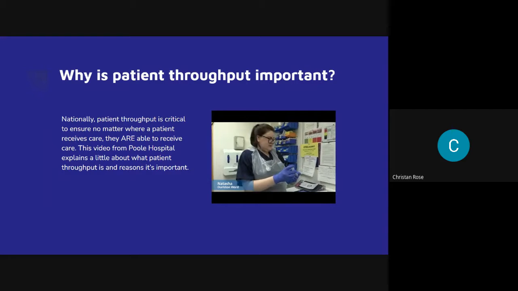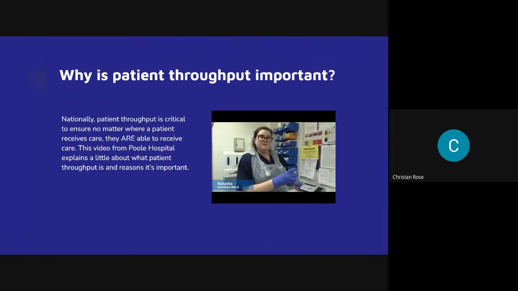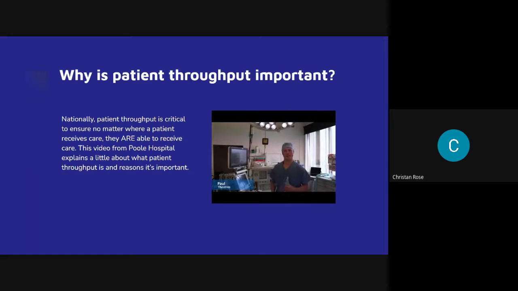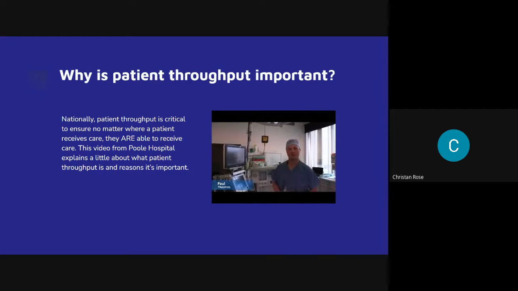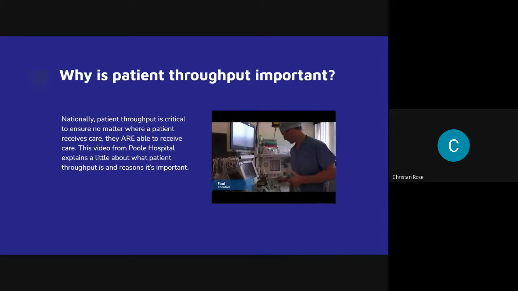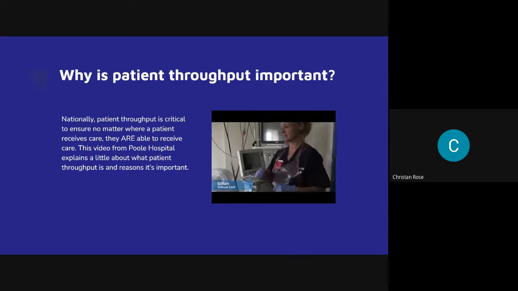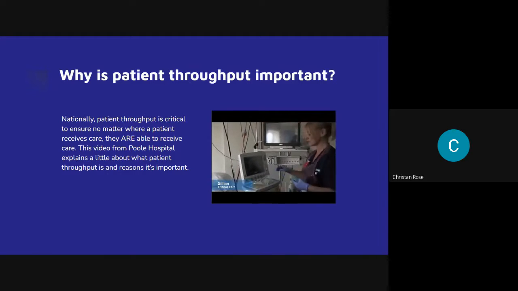If we don't work as a team, poor patient flow blocks our specialty beds from delivering treatment to our haematology patients. If we don't work as a team, poor patient flow blocks us from operating on our patients. If we don't work as a team, poor patient flow means we're unable to discharge patients to the ward.